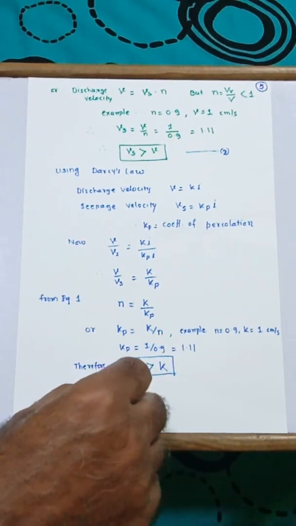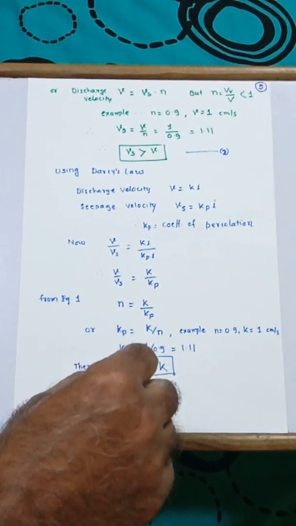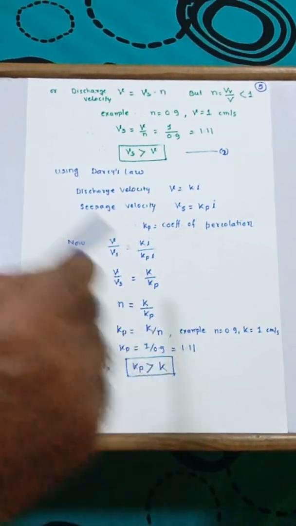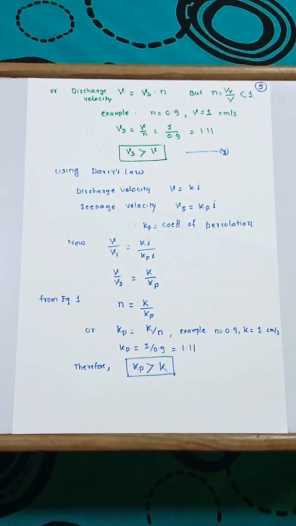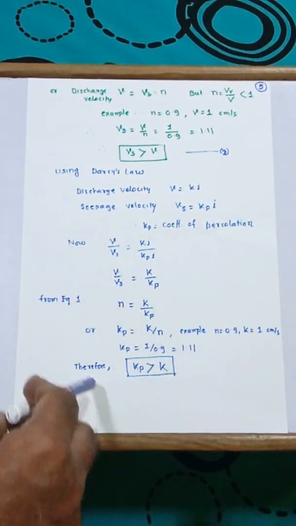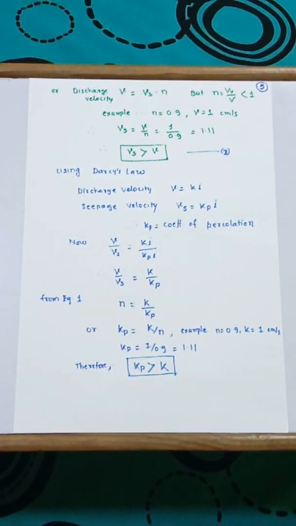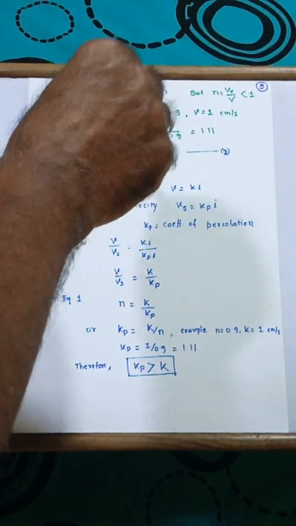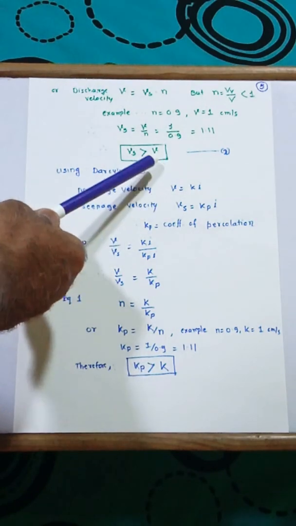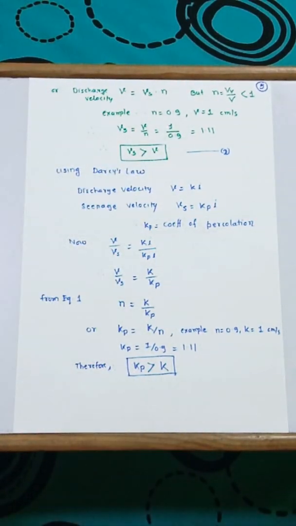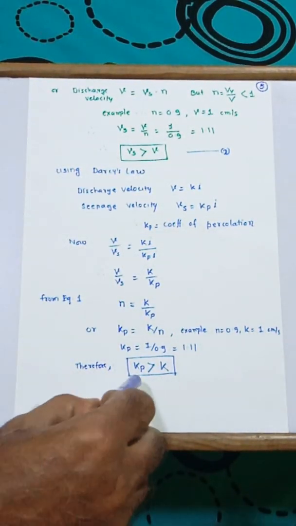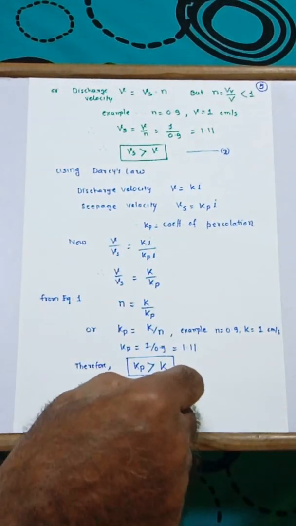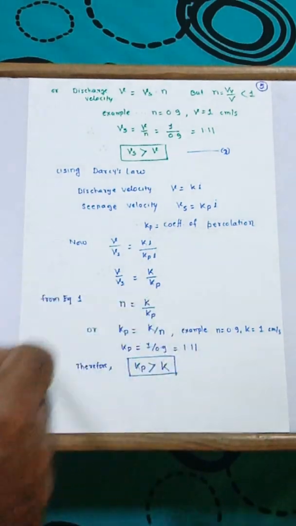So this also shows that the coefficient of percolation, that is the flow through the voids, is greater than the coefficient of permeability. So from this discussion, the two conclusions we can draw are that the seepage velocity is greater than the average discharge velocity, and the coefficient of percolation is greater than the K value, that is the coefficient of permeability.